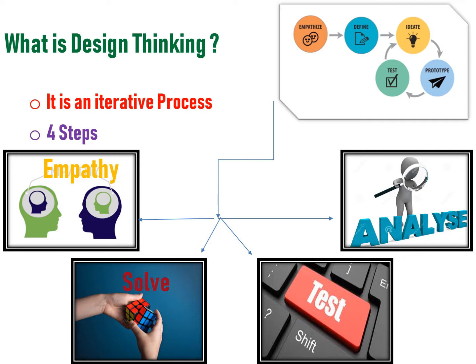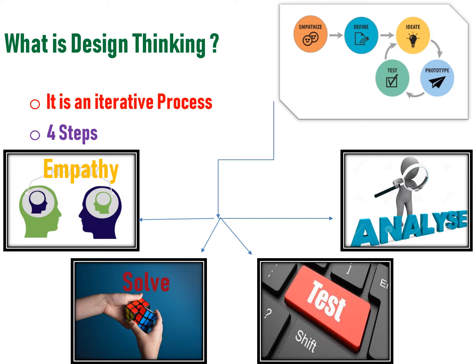After getting the relevant information, once you empathize from the perspective of a human being who does require the solution, we will look at a clear analysis of this problem and then try to define the actual problem. That is analysis. Coming to the third stage, solve.